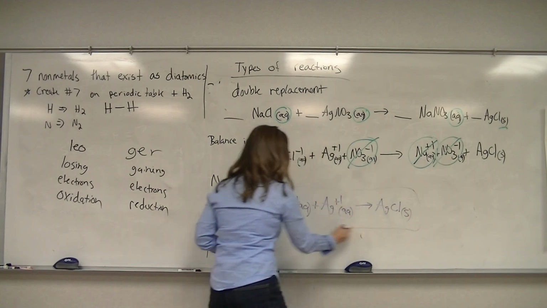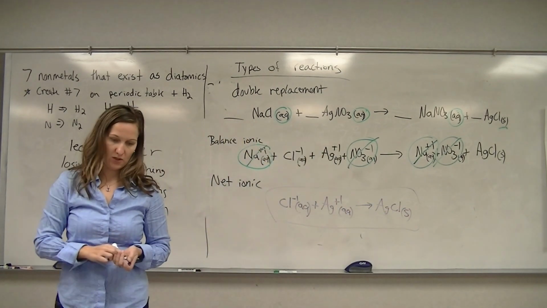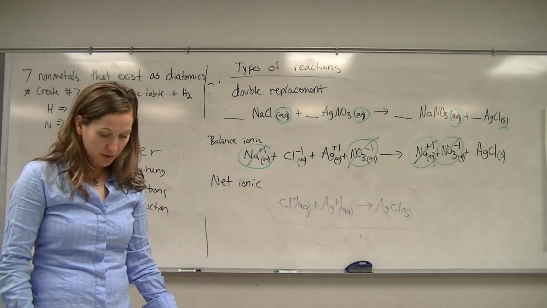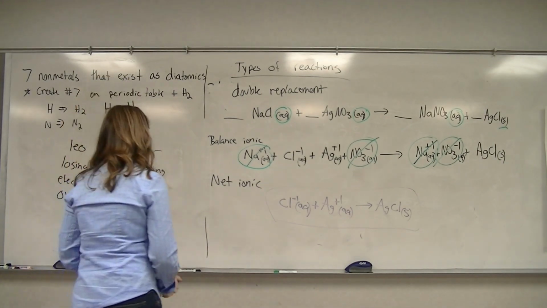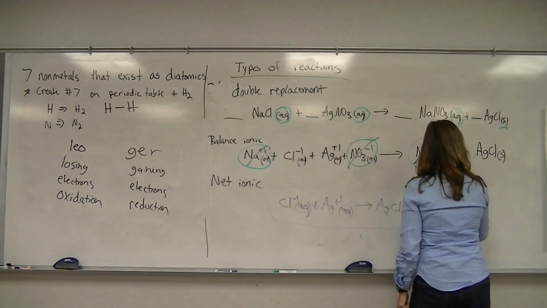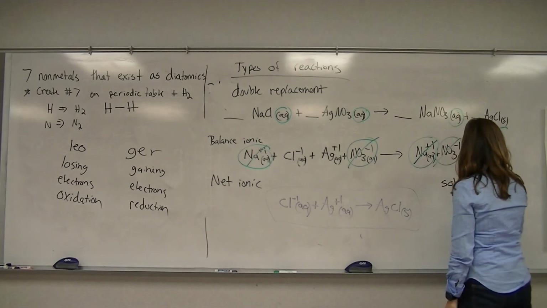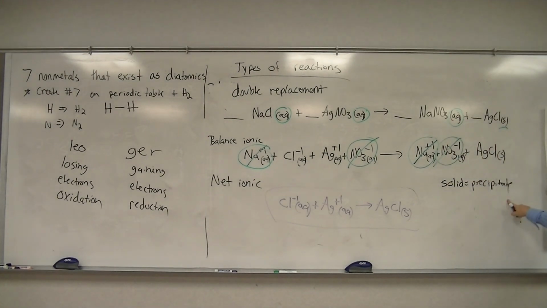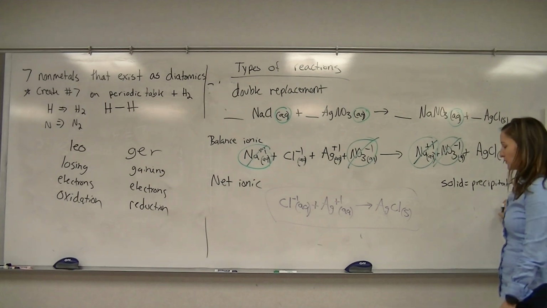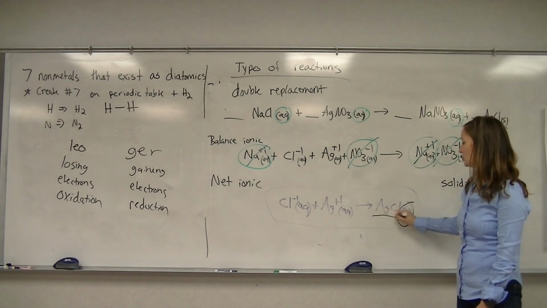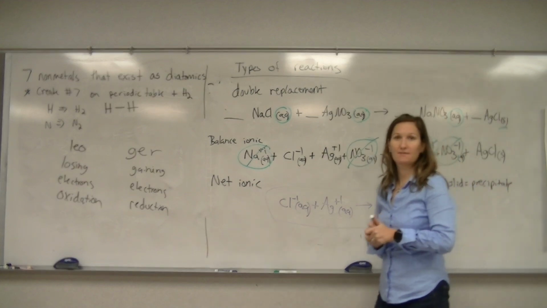So this would be my net ionic equation. When it says also identify the precipitate, precipitate is just a fancy word for solid. So the solid equals precipitate. Okay, so which one's the solid? The one with the S by it. So AgCl would be the precipitate.